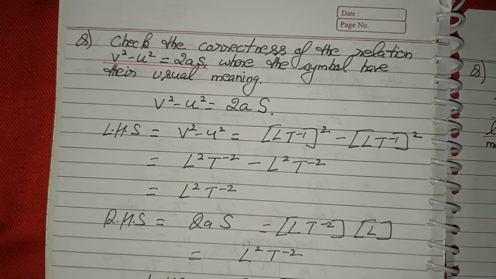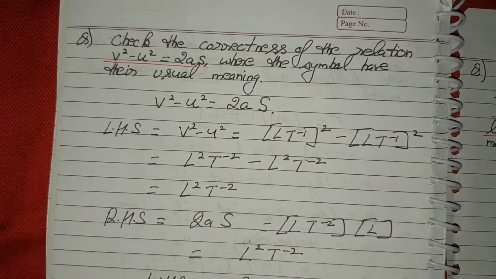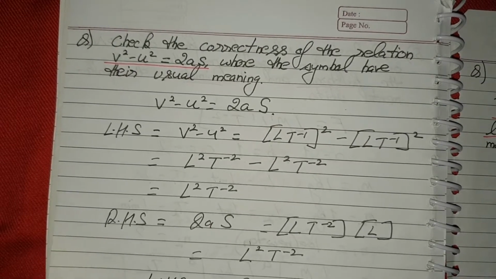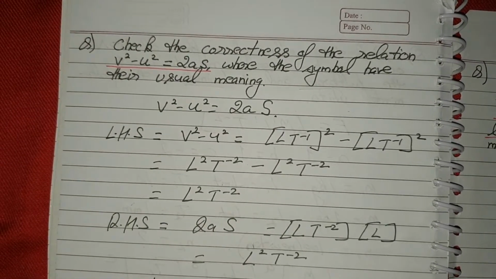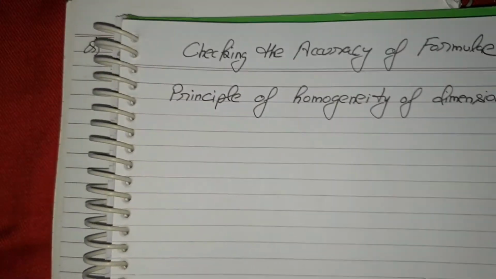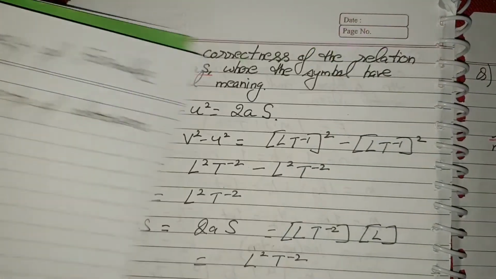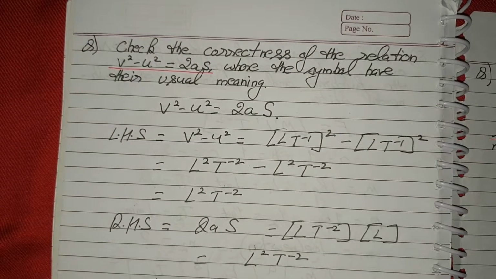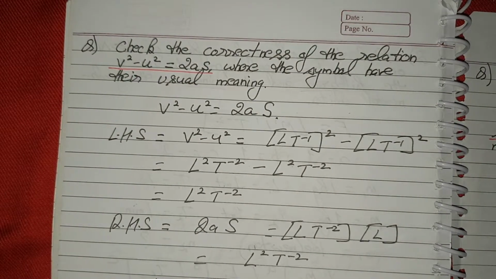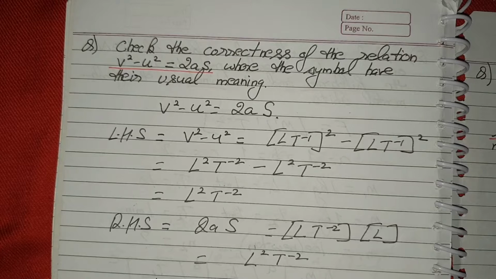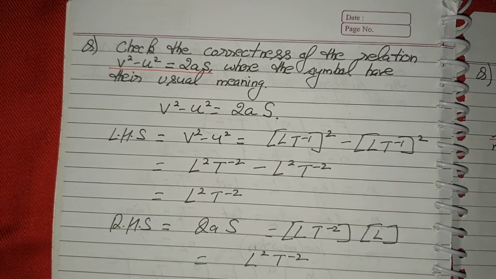Now, if the equation fails the consistency test, the principle of homogeneity of dimensions, like if dimensions are not equal, it is proved wrong. But if the equation passes this consistency test, it is not necessarily proved right.